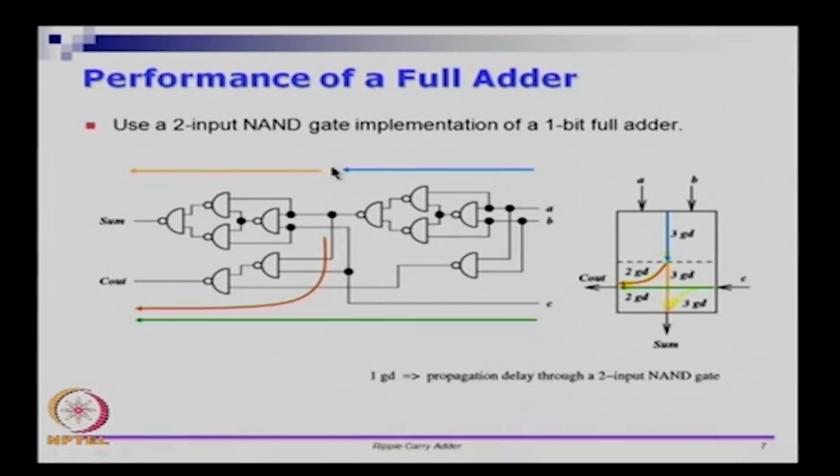The blue one followed by the orange one gives me the delay from change in input A, B, C to change in output C out. Then the blue line followed by the light orange one is change in A, B, C resulting in change of sum. Change of C, however, is not a big deal, it is going through fewer gate delays anyway.